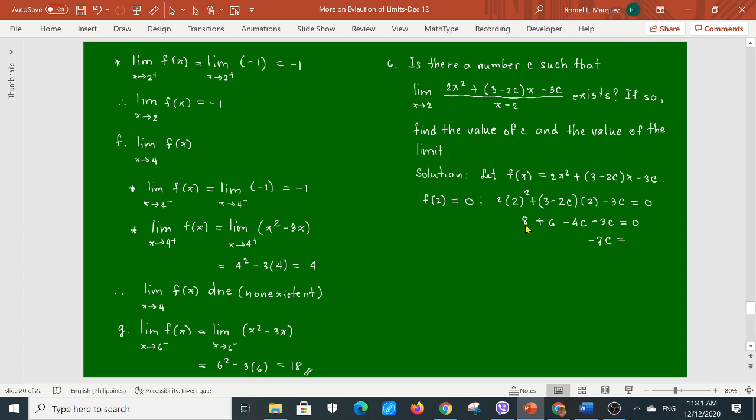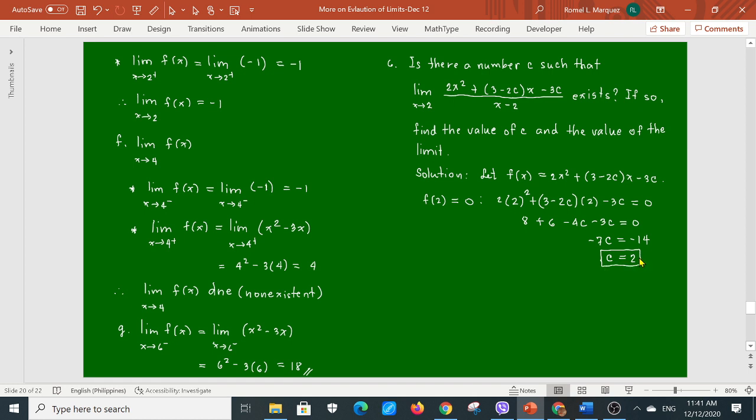When this 8 plus 6 is transposed on the right side, negative 14. So what is c? Positive 2. Okay? So it means there is a c such that this limit will exist. And what's the value? c is equal to 2, no? So the value of c is 2.